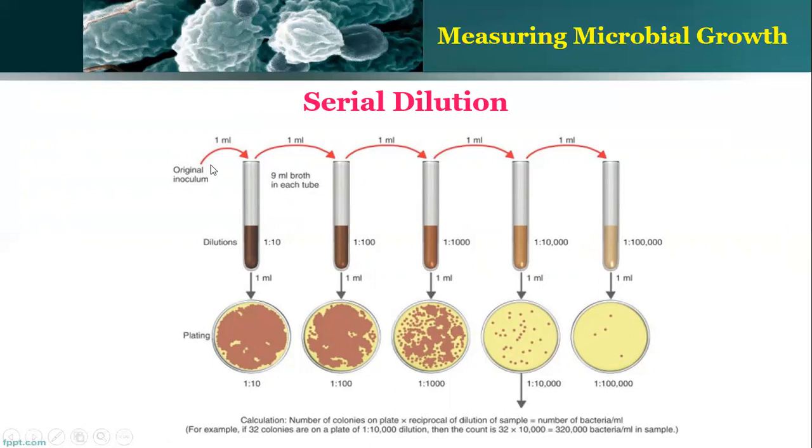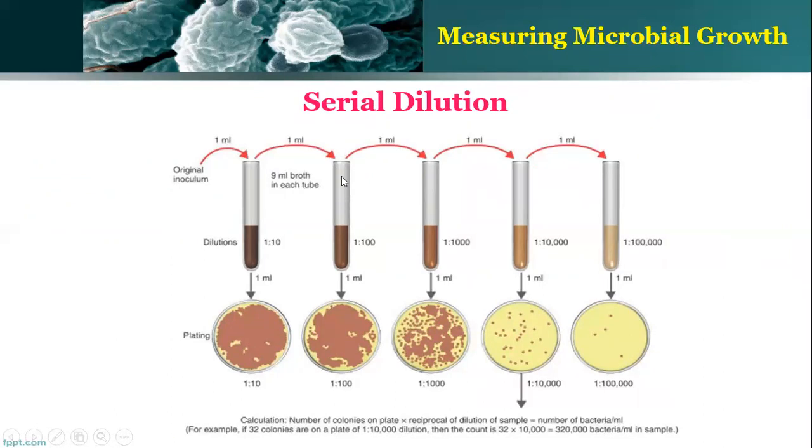In the first tube, 1 ml of the original or stock inoculum is added. So it contains 9 ml of nutrient broth and 1 ml of the inoculum, total 10 ml. Mix it properly, then transfer 1 ml from the first tube to the second tube.